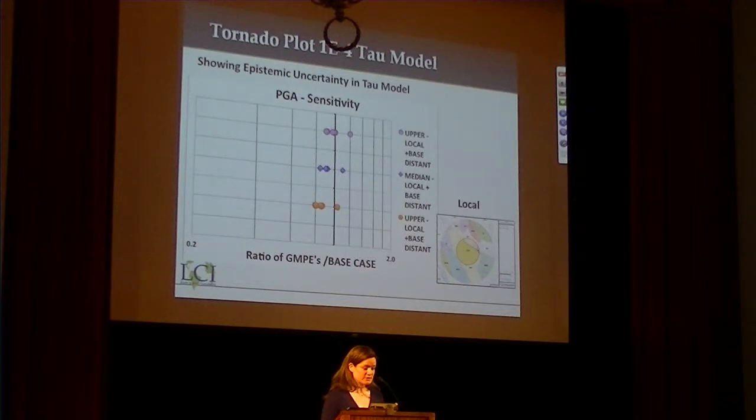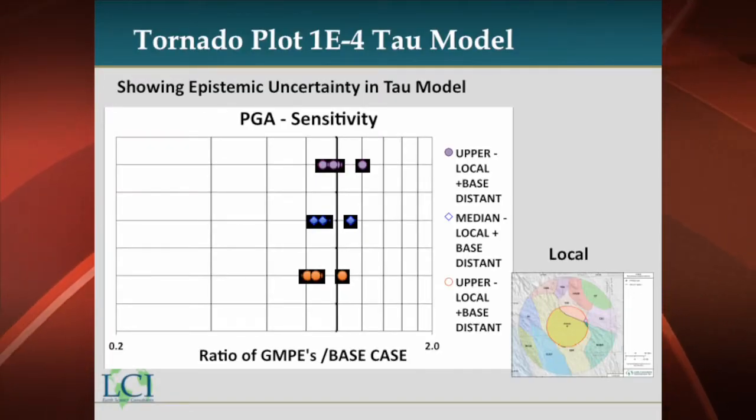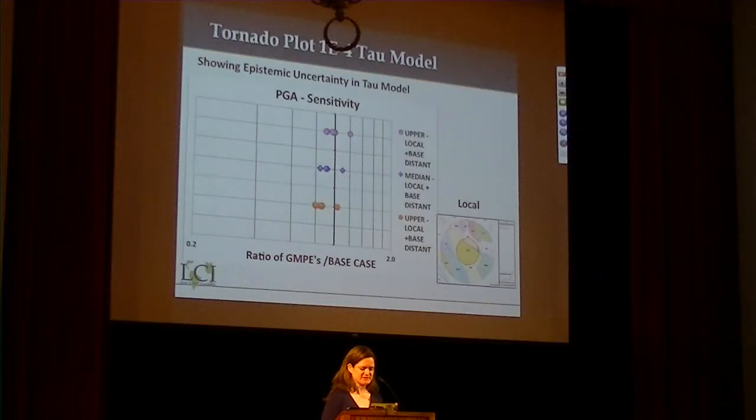So here's the tau model for 10 to the minus 4 hazard. And this includes epistemic uncertainty. In this case, this is a tau model just of the sensitivity to the local source effects. And there's epistemic uncertainty in the tau model. We have a median tau model, an upper branch, and a lower branch. And that's what you're seeing here: the upper, the median, and the lower branch for the sensitivity of the tau model to the local sources.